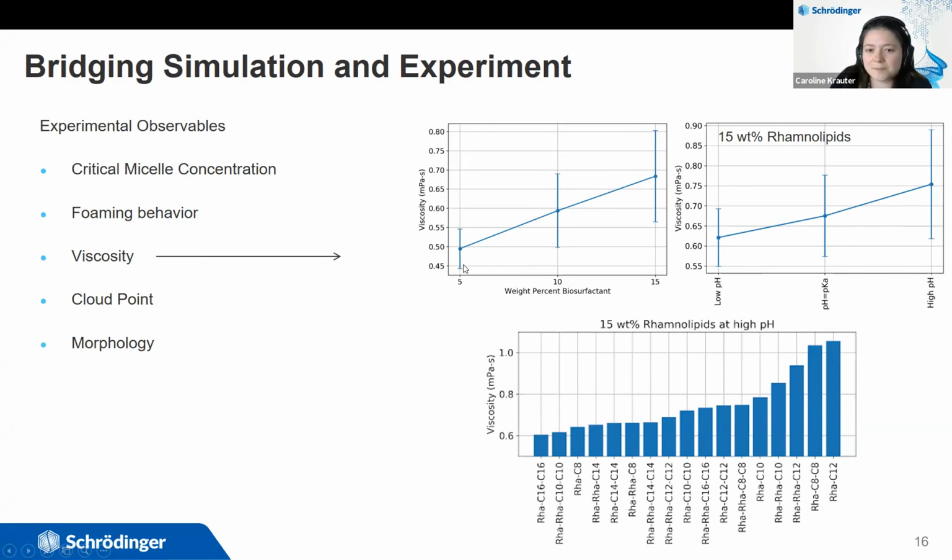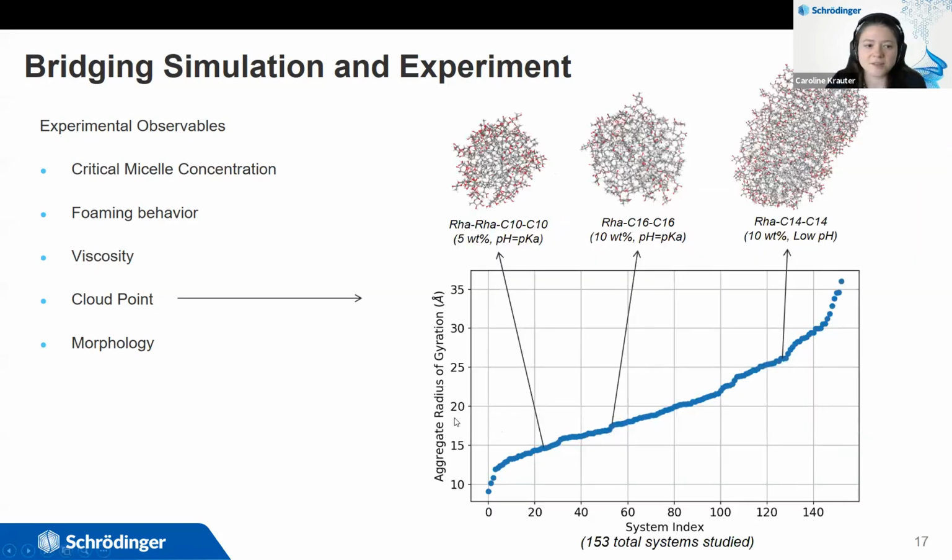And the bars here give an indication of the spread of values, but even when averaging over these systems, we have a strong trend with the weight percent. And when we zoom in at 15 weight percent, we can look at trends for the pH, and we can then zoom in again at high pH, and then we get the different rhamnolipids at that pH value. So we can analyze that. So that is an analysis we looked into.